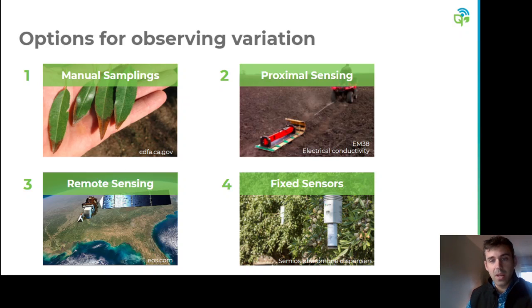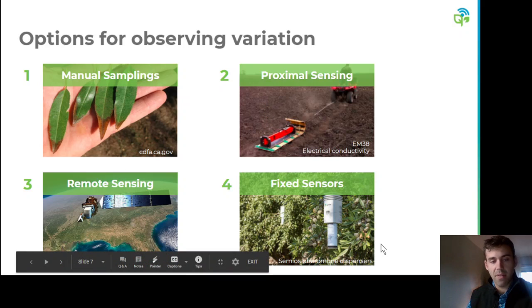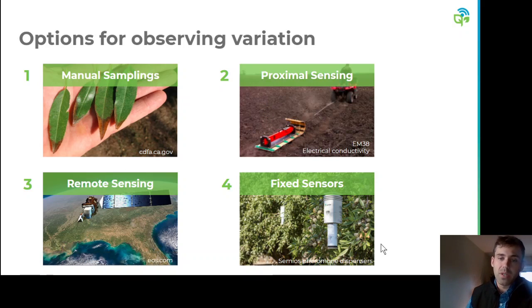But here we have the pheromone dispensers that we have here at Semios, and those dispensers can of course release pheromones for mating disruption, but also they have some sort of small weather station inside, so they record temperature and relative humidity.